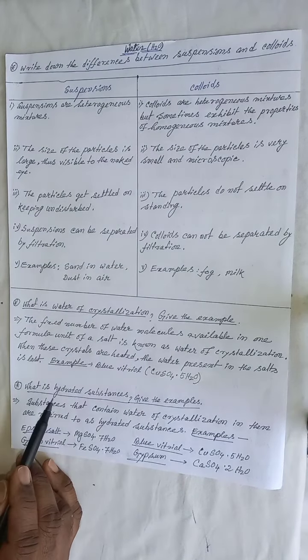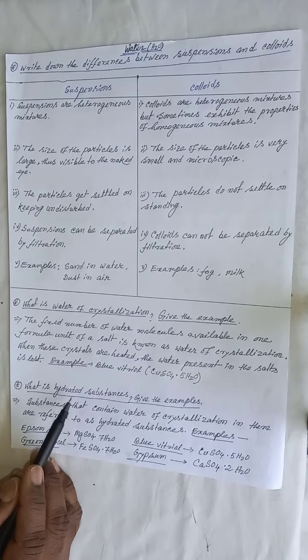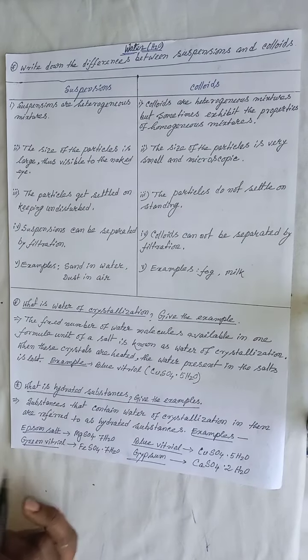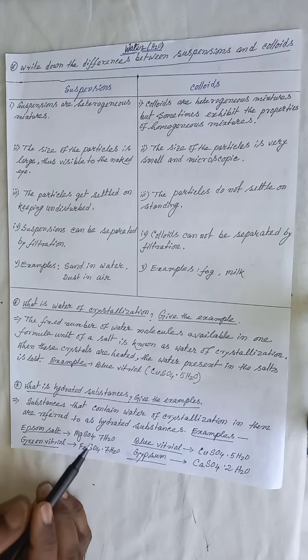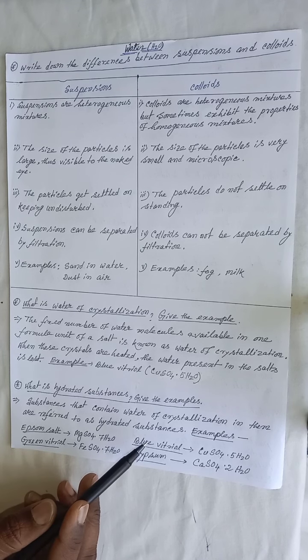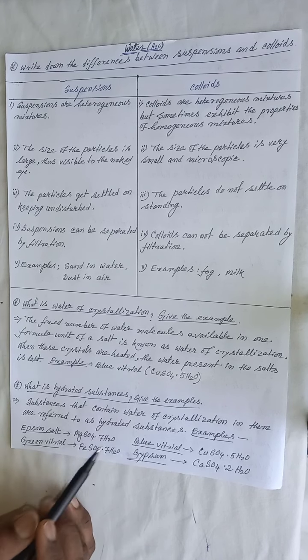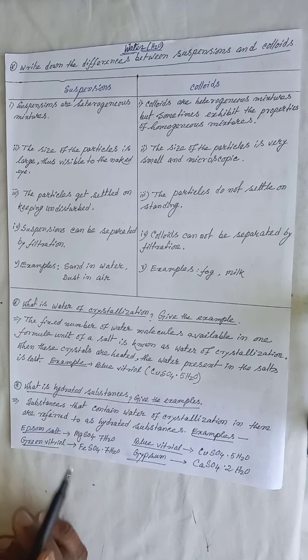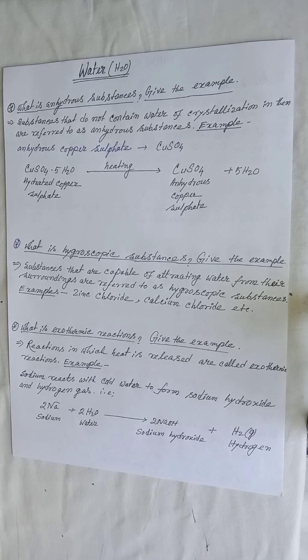What is a hydrated substance? Give the example. Substances that contain water of crystallization in them are referred to as hydrated substances, that is, including water molecules. Example: green vitriol, blue vitriol, etc. What is an anhydrous substance?